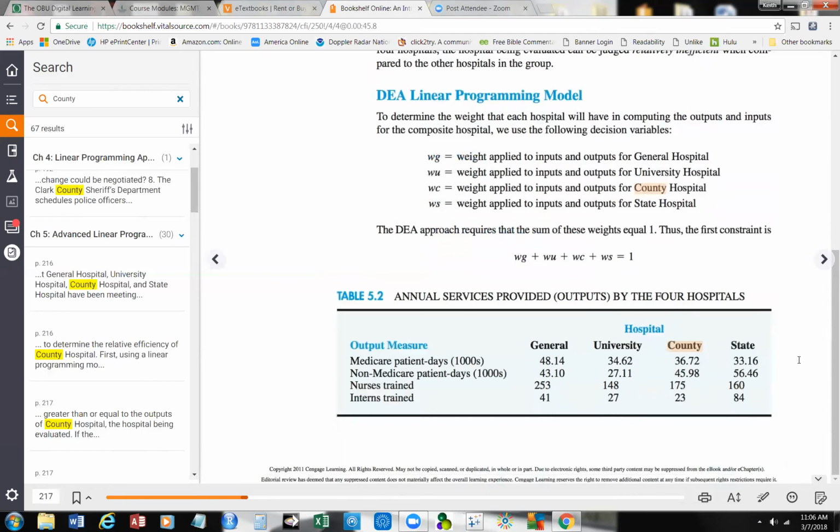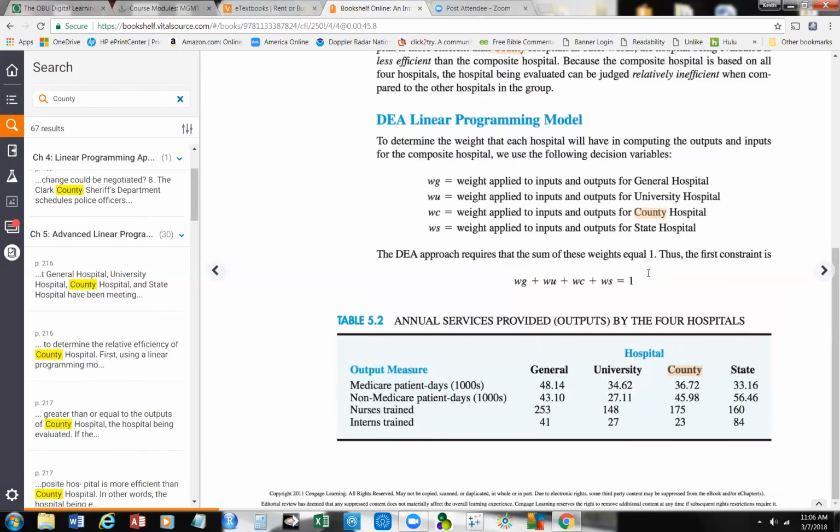Then we see the annual services, the output, and these all have to equal 1. Now, when we weight data that we put into a constraint or a linear programming model of some kind, it can be importance, or it can be probabilistic in nature.